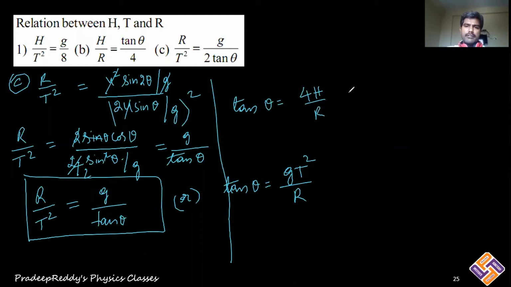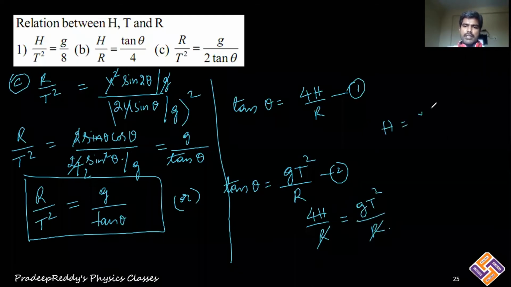You can equate these two, number 1 and number 2, and you can write 4h by r is equal to g t square divided by r. This r and r get cancelled, so you can write h is equal to g t square divided by 4.